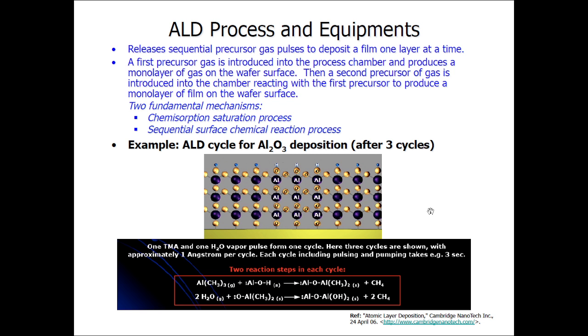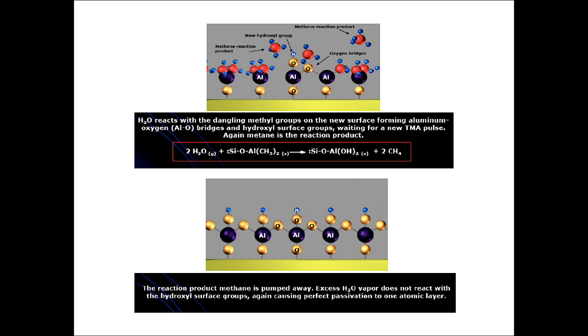In the sequential ALD process, H2O then reacts with the dangling methyl group on the new surface, forming an aluminum-oxygen bridge, and the hydroxyl surface group waits for the new TMA pulse.